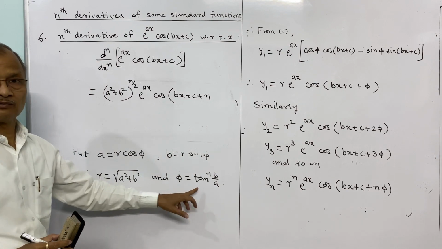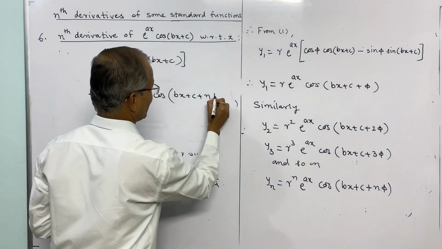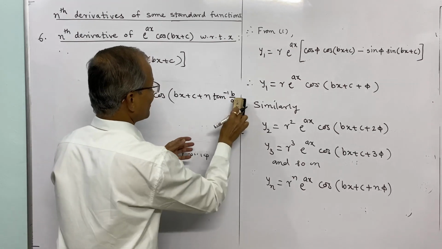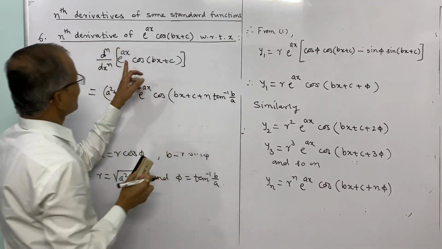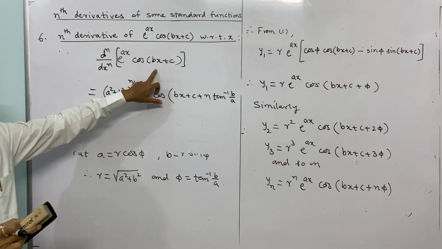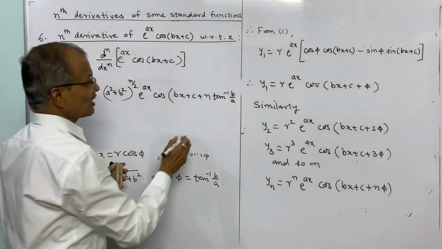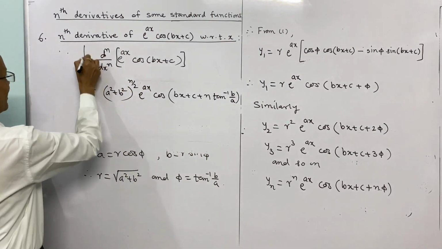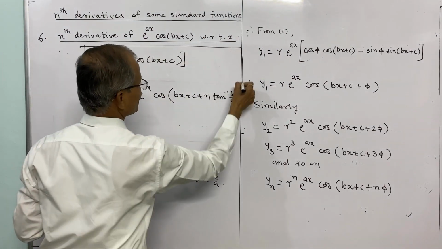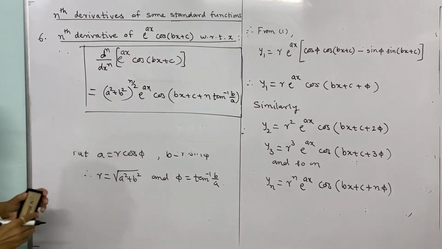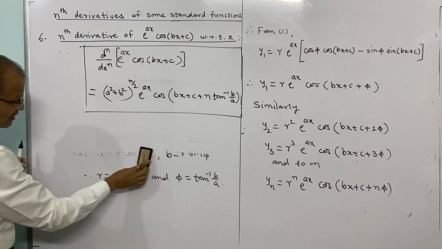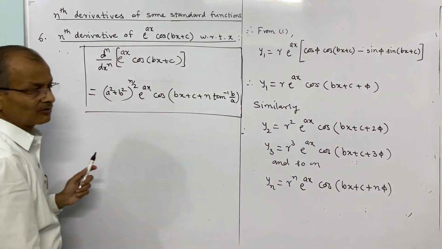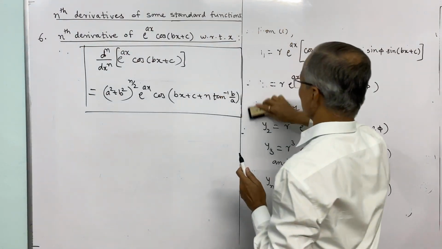Phi is tan inverse of b upon a, and thus we have obtained the similar formula for the function e to the power ax cos of bx plus c. The only change is that in place of sine here is cosine, and this is our next formula. So we have obtained the nth derivatives of some standard functions.